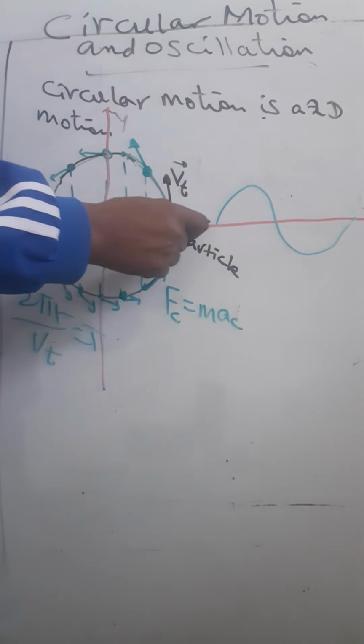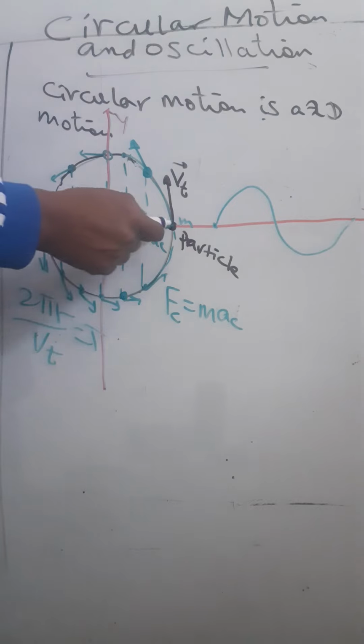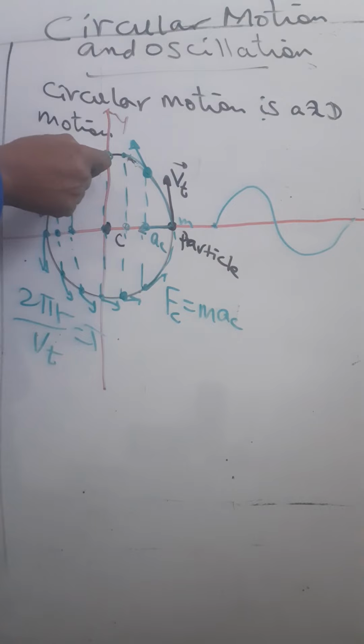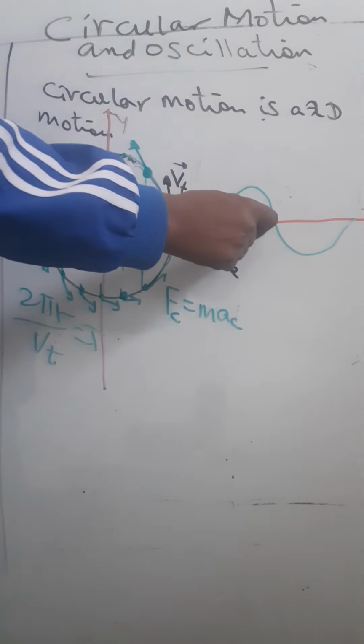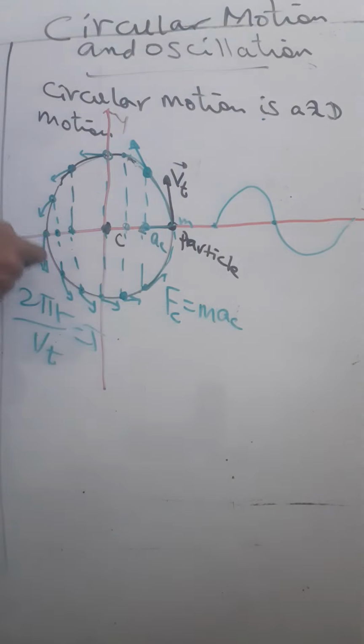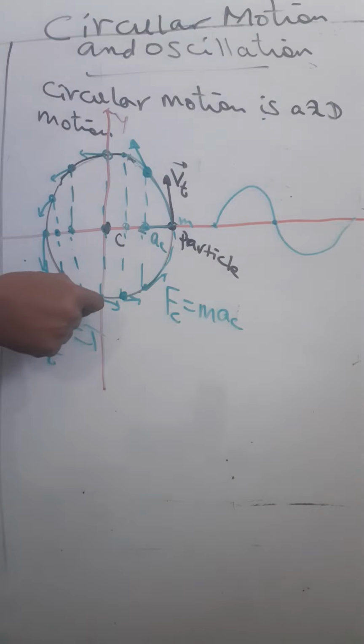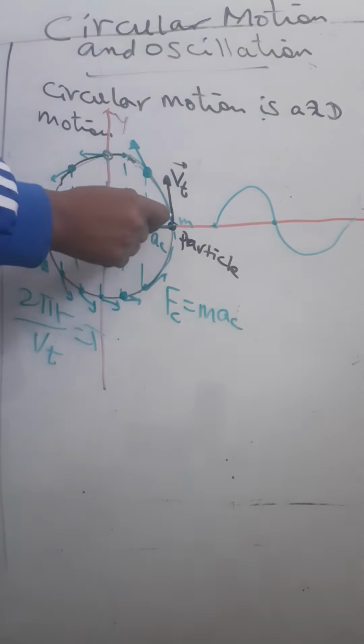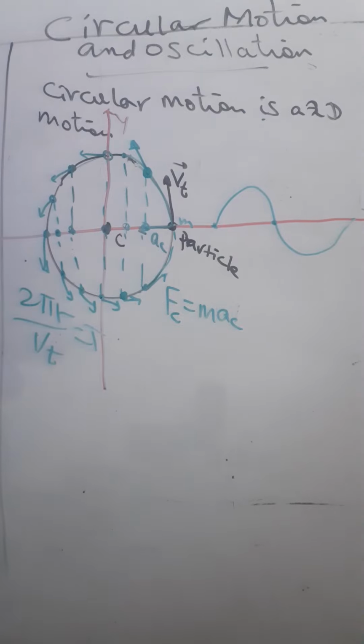Basically, you can see this here. It goes to the highest point along the way, and it goes to the same point where it started. Then it goes to the lowest point, and it comes back to the point where it started its motion.